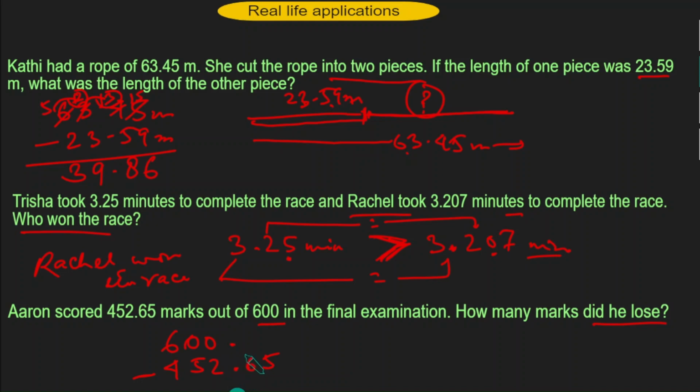We have to make them look alike. Okay, so we can make it like this. 600 can be written as 600.00. Okay, this will make our life easy in subtraction. 600.00, 452.65, very less space we have.